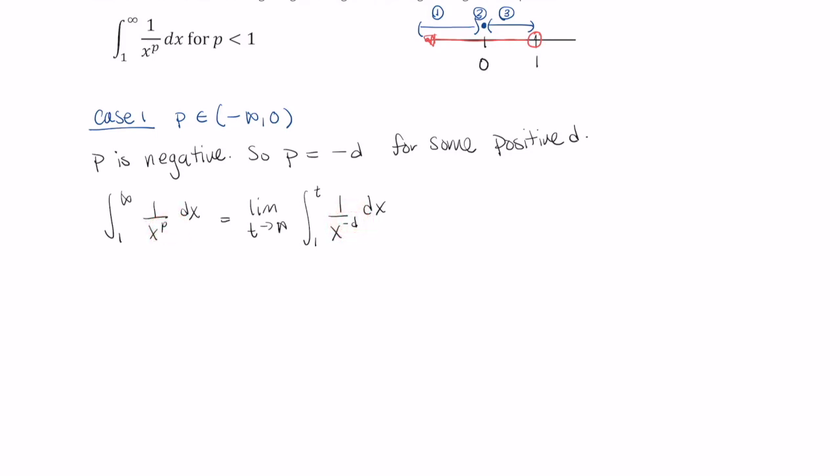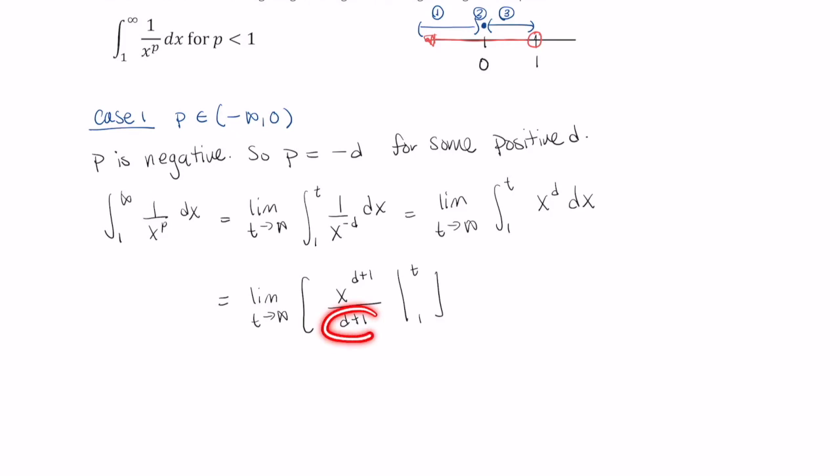Well, let's rewrite this further. This is the limit as t approaches infinity of the integral from 1 to t of x to the d power dx. This evaluates, and of course we're leaving the limit up front, to x to the d plus 1 power divided by d plus 1 evaluated from 1 to t.